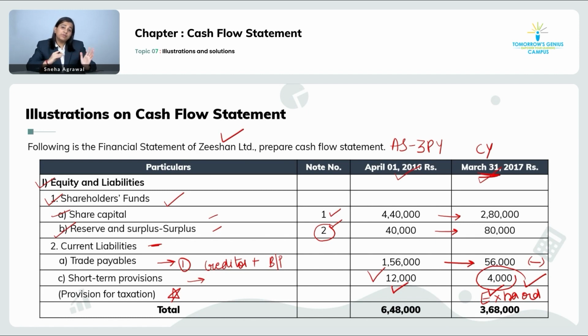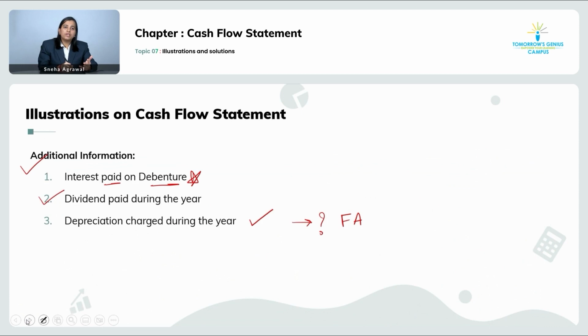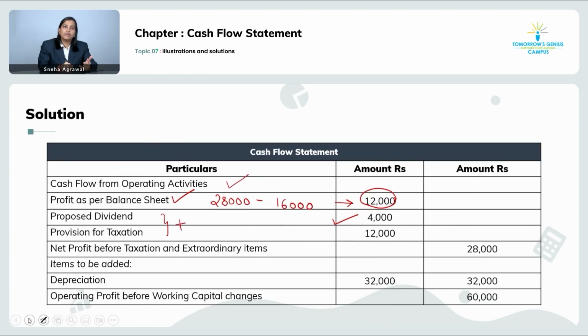So whatever is the previous year's tax will be treated as current year tax payment, and whatever is the provision for the current year will be treated as your extraordinary item, and it will be added here. Okay, so I'll add it. Then what else is there in our operating activity? Once you have added all the extraordinary items, we get net profit before taxes and extraordinary items.